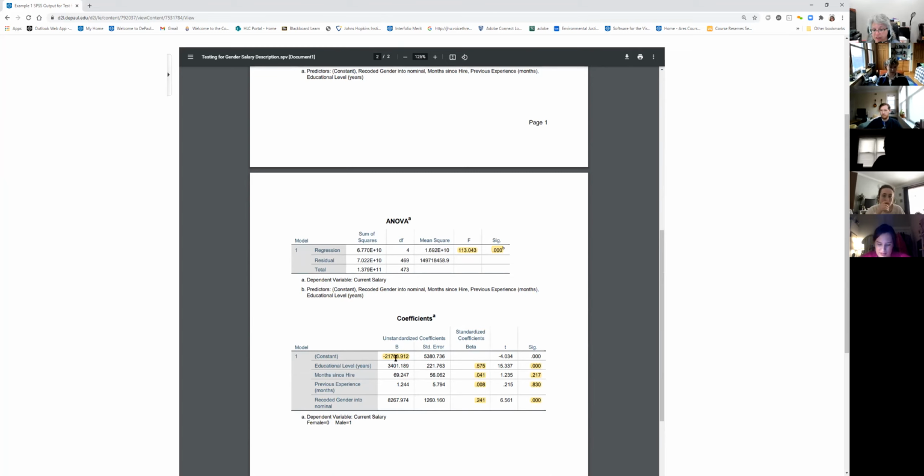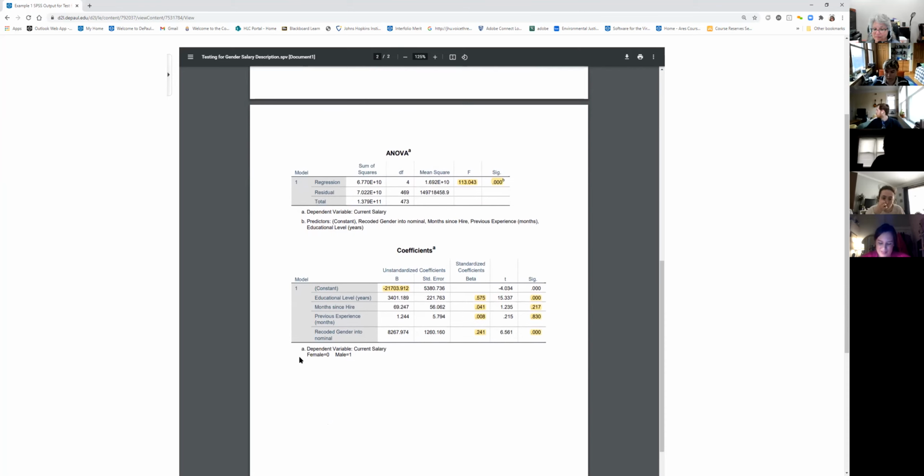I want to talk about this value though, before I leave. Remember from the lecture, what's that value? The constant, right? What is the constant in linear regression? This is a tough question.